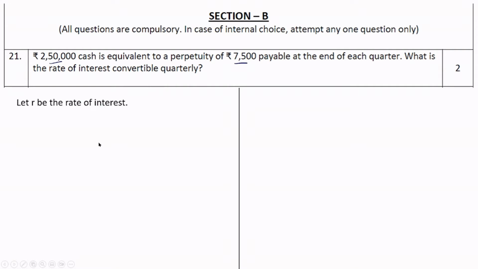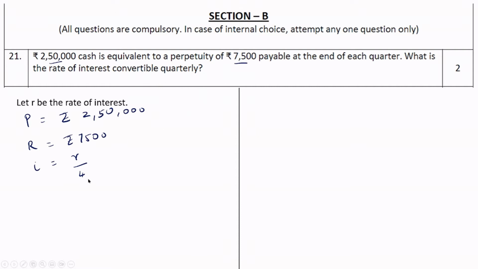So let R be the rate of interest. Then the present value of perpetuity is rupees 2,50,000 and the periodic payment is rupees 7,500, and the rate per period i is equal to R by 4, because here the rate of interest is compounded quarterly.